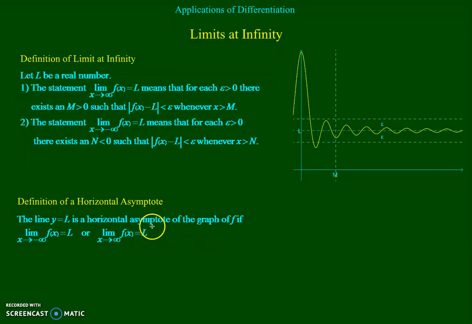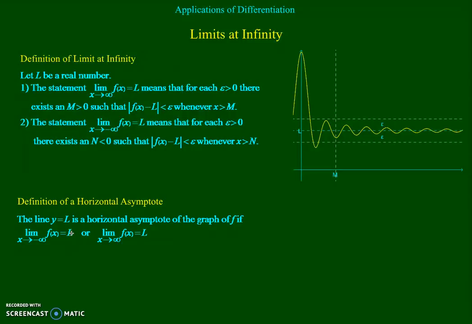We're not talking about what the function actually is at these values. We're talking about what value it's approaching. So it may never reach these values, but we're just interested in what the function is approaching.